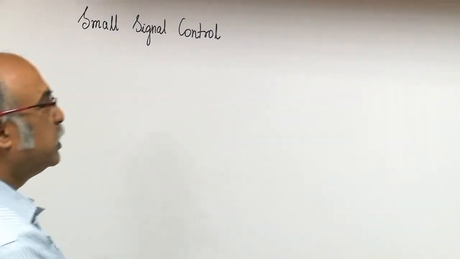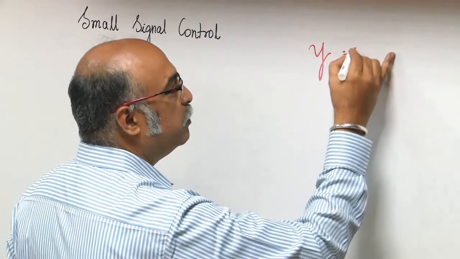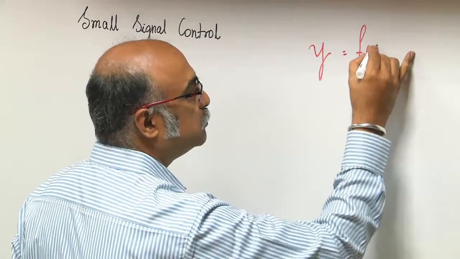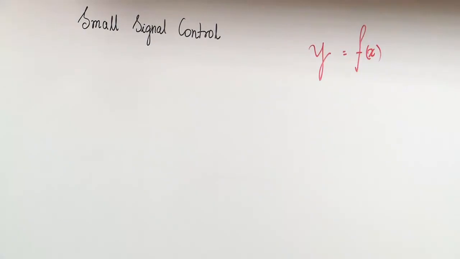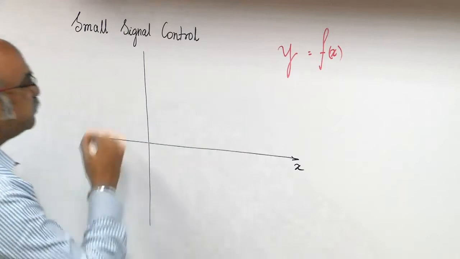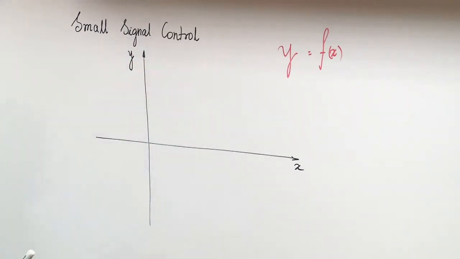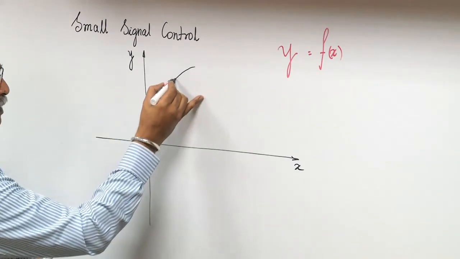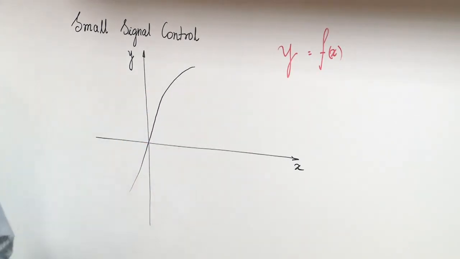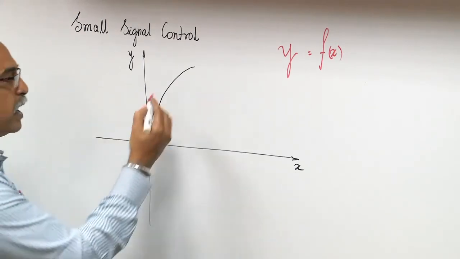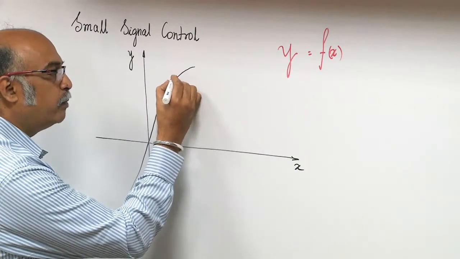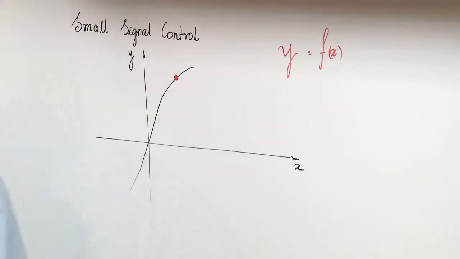Most of the time your y will be f of x. What does it mean? I will have this x axis variable and I have y axis variable, and let us say you have something which is not a straight line, which is not linear, and your system has to operate somewhere there.